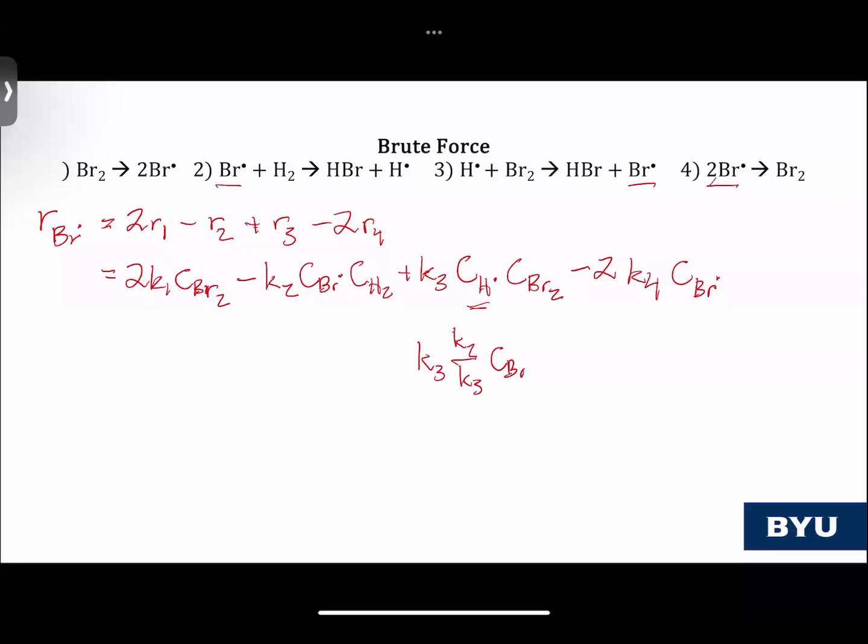And you'll see how if we did the add and subtract method, I wouldn't have to be doing this step at all, because eventually it works out here. So this is all just C hydrogen radical.